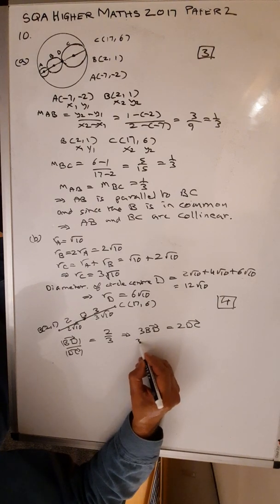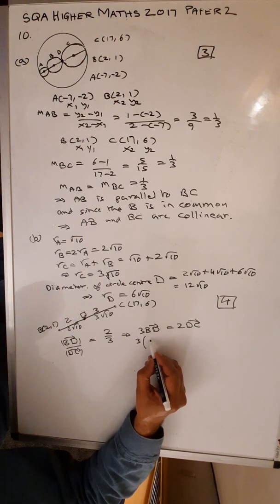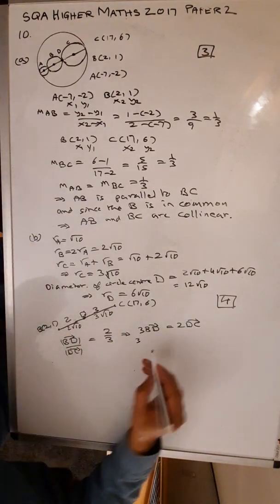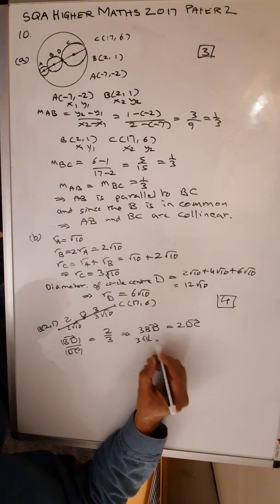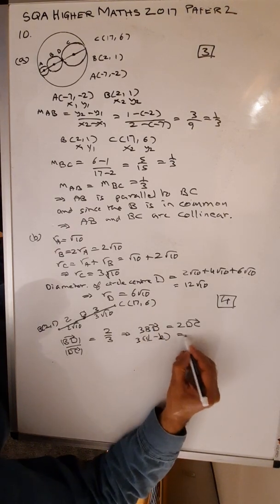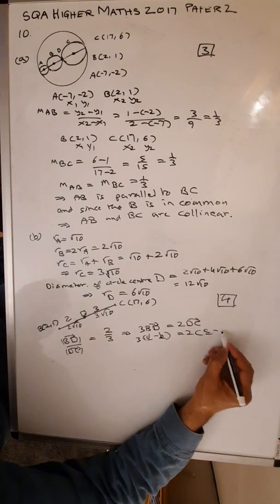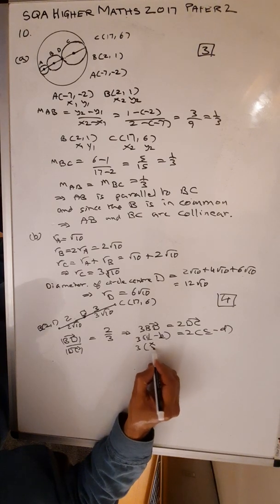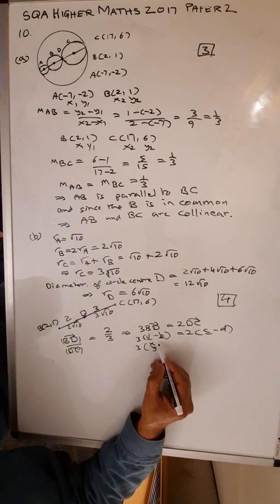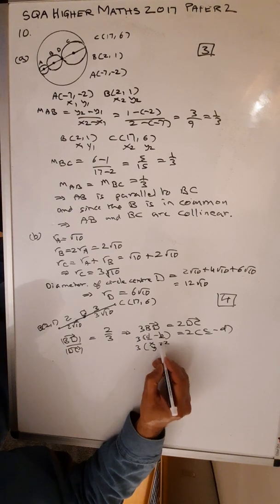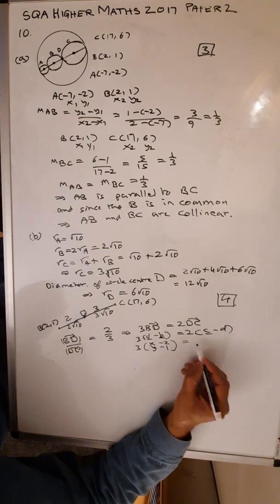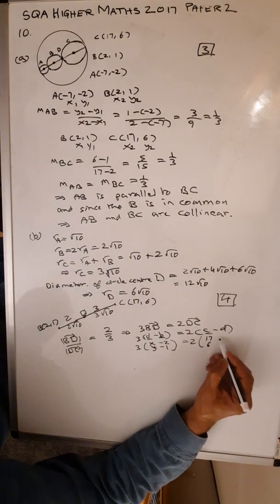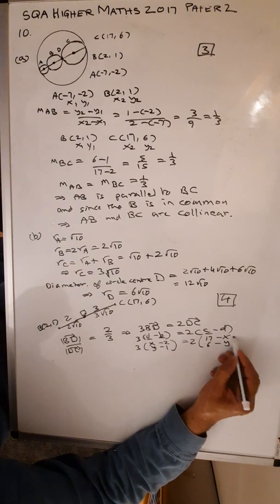Thus, using vectors to find the center here, 3 times (D minus B) is equal to 2 times (C minus D). D is what you're looking for. So 3 times (x, y) minus the coordinates of B, which is (2, 1), is equal to 2 times (the coordinates of C, (17, 6), minus your unknown (x, y)).